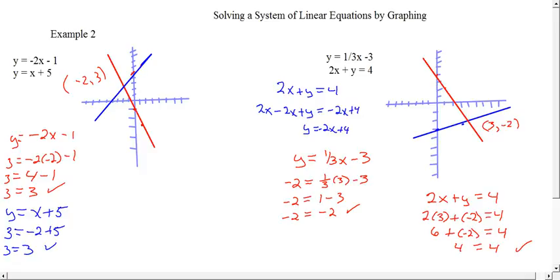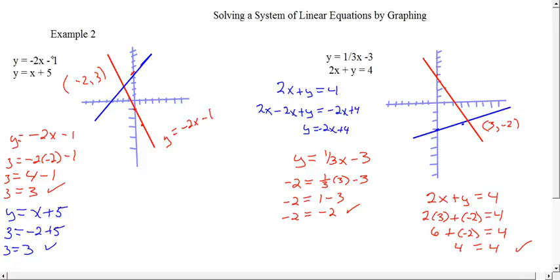We see in this example we have y is equal to negative 2x minus 1, and y is equal to x plus 5 as our system. Let's first go ahead and take our first line, which is y is equal to negative 2x minus 1.